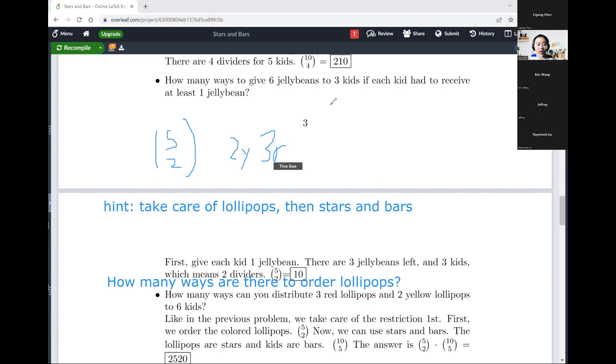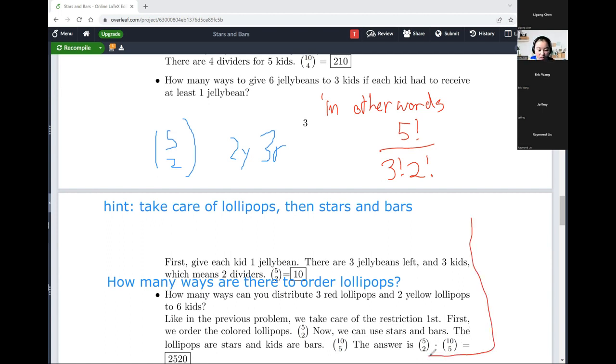And next we give the 5 lollipops to 6 kids, which would be 10 choose 5 because it's 6 plus 5 minus 1 choose 5. So the answer would be 5 choose 2 times 10 choose 5 because we can't forget about ordering the lollipops.